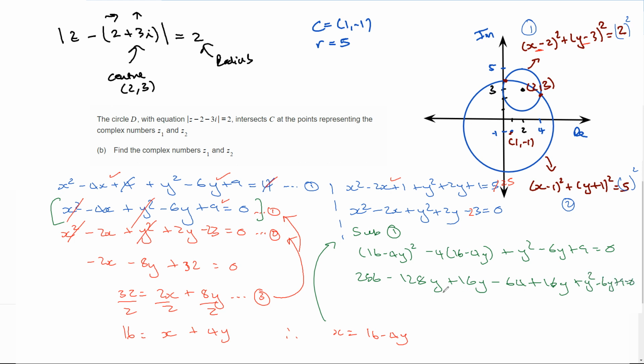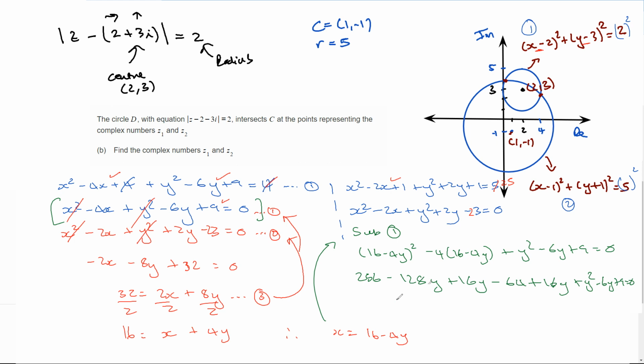And so 256 minus 64 plus 9. Let's grab a calculator and see if I can get that in order. All right, 256 minus 64 is equal to 192, and 192 plus 9 comes to 201.